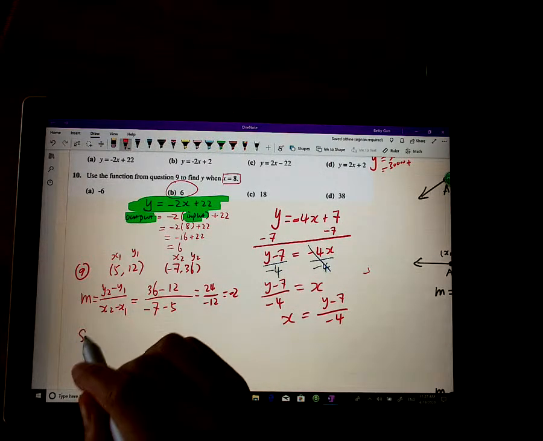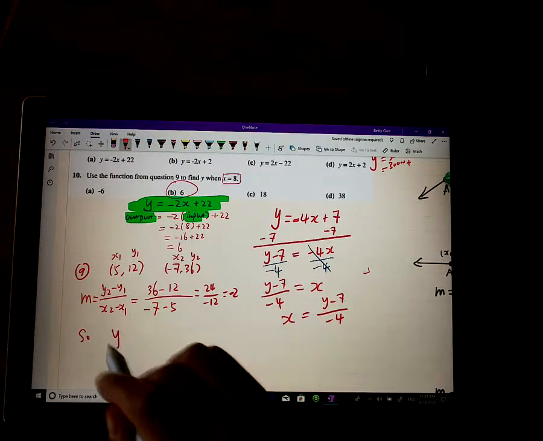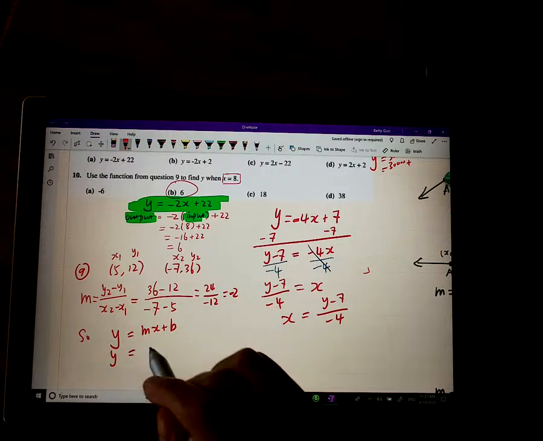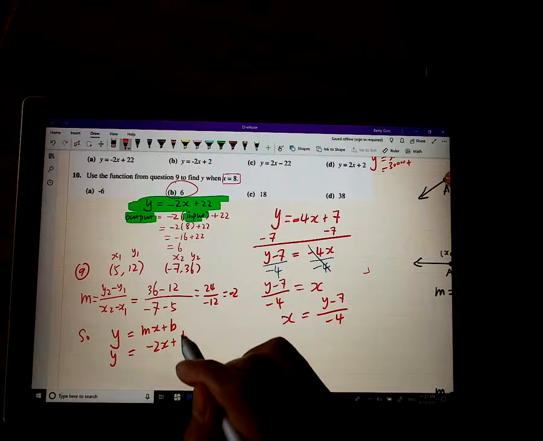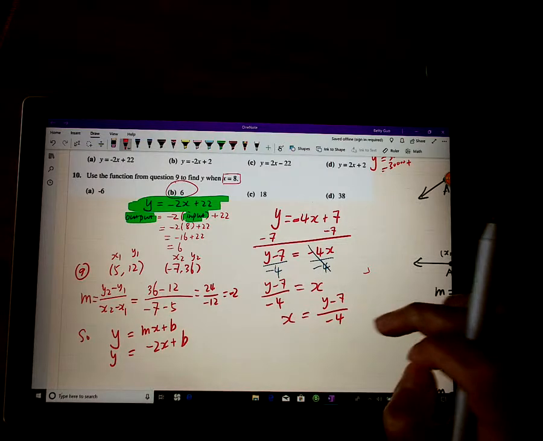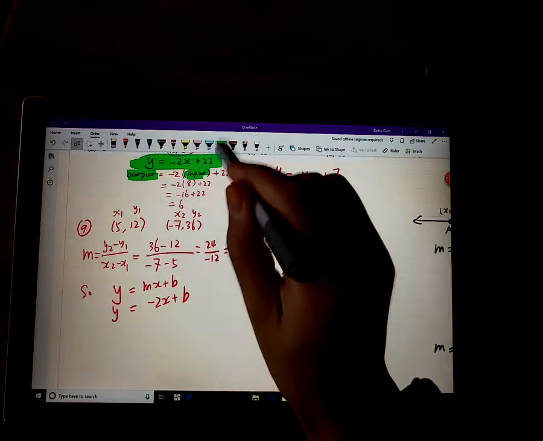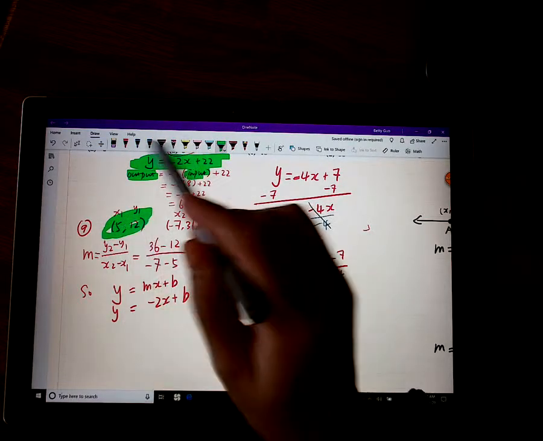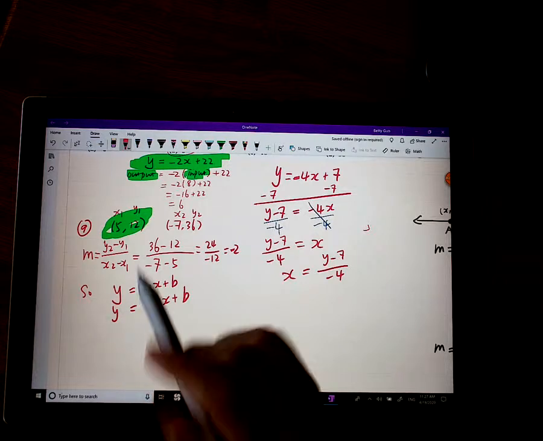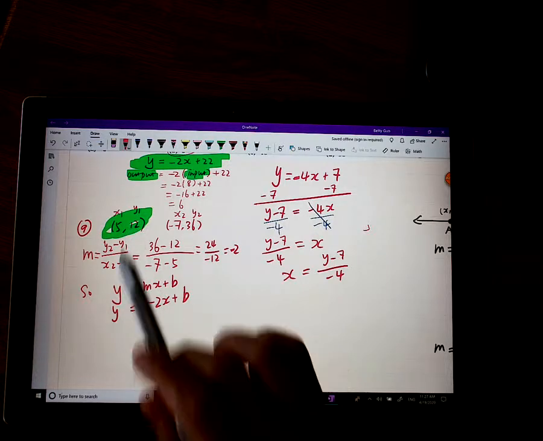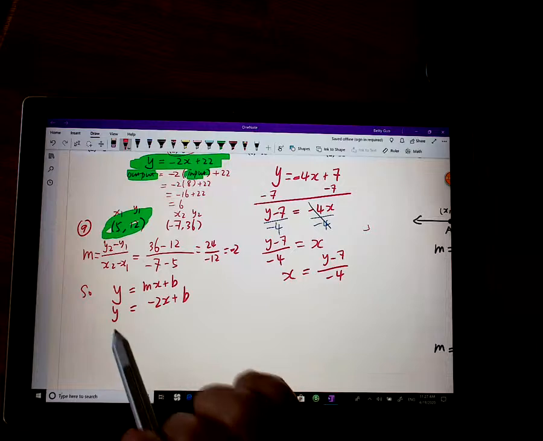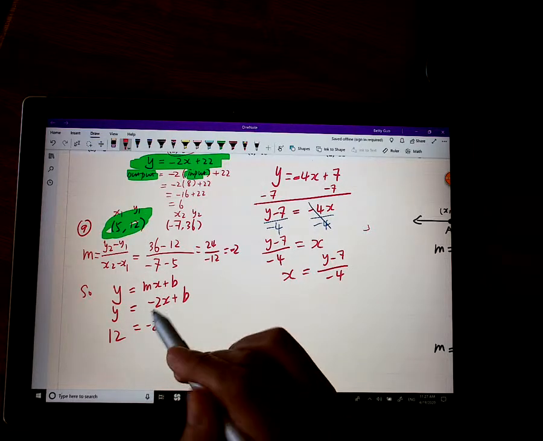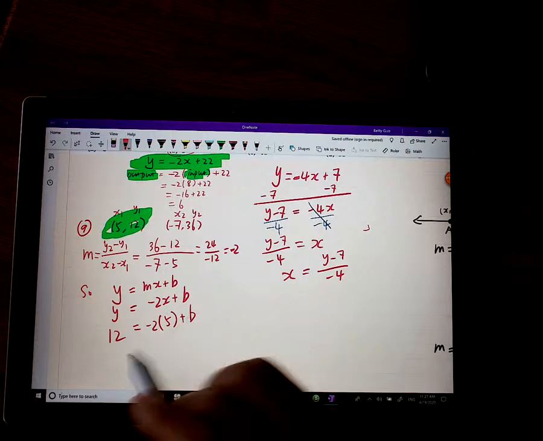And so the function would be y equals mx plus b, which is y equals negative 2x plus b. But we didn't know what's the value for b. Let's figure it out. Choose one point from the 2 given points. I would choose this one because the numbers are more convenient. Because the point is on the straight line, the ordered pair satisfies this equation. So when we plug in y equals 12, x equals 5, we should have a true statement.